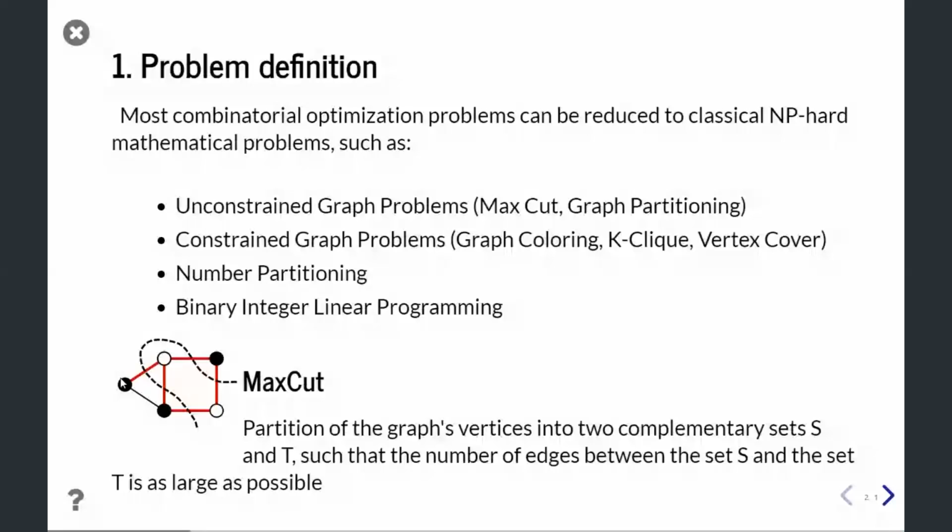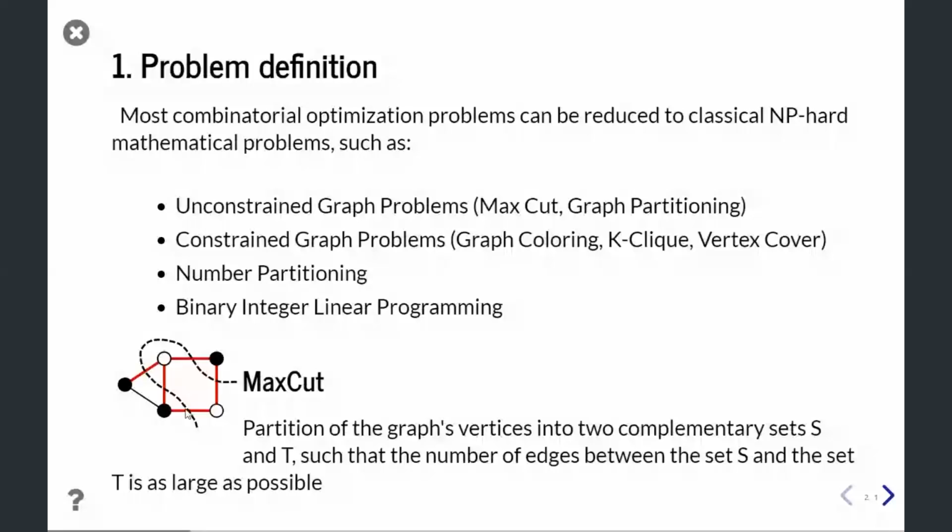In my example, I have a graph with 5 vertices, and the optimal solution is to divide it into the subgraph with the white vertices and the subgraph with the black vertices. The cut goes through 4 edges out of the 5 of my initial graph. This is a very simple example that you can solve by hand.